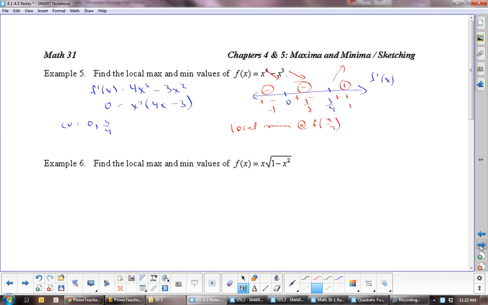So I'm going to have to find my y value: 3/4 to the 4th minus 3/4 cubed, and you will get -27 over 256.